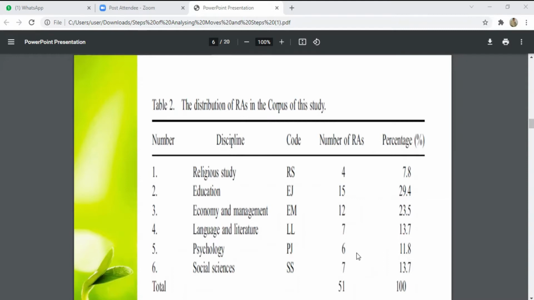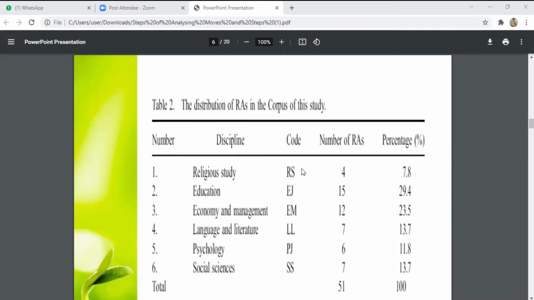So by looking at the fields of disciplines, you can conclude, or at least guess, that this is in the field of social sciences, and probably humanities, like literature and religious studies. Sorry, social science and humanities. The number of articles is not the same because the size of the population is not the same.